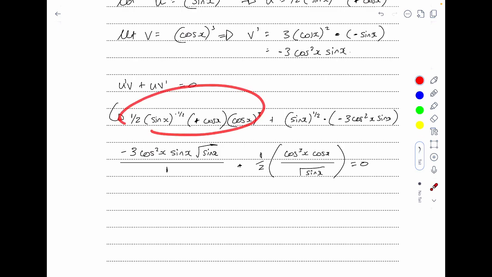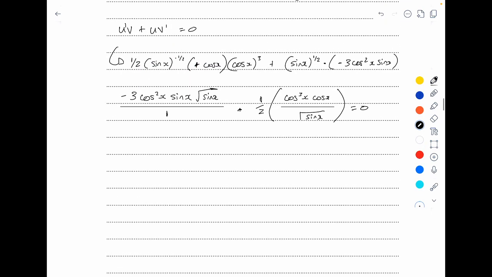This is the same thing, and I've done that because remember, sine x to the power of negative half is a root. So now we're going to drop the brackets.